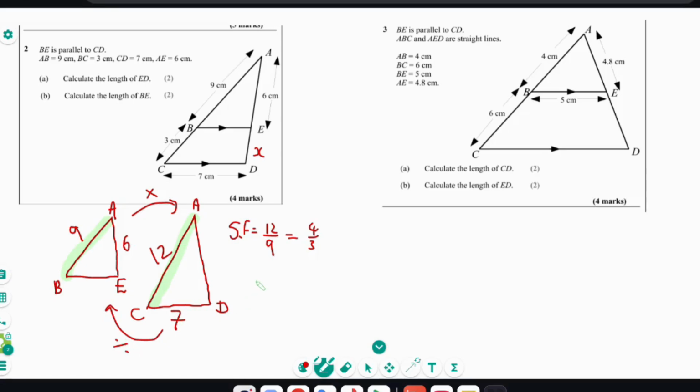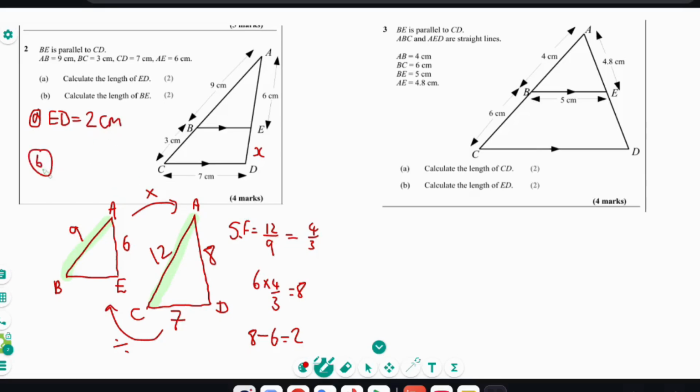So 6 times 4/3 is 8. So the whole length is 8, and AE is 6. 8 minus 6 is 2 centimetres for ED. So ED is equal to 2.